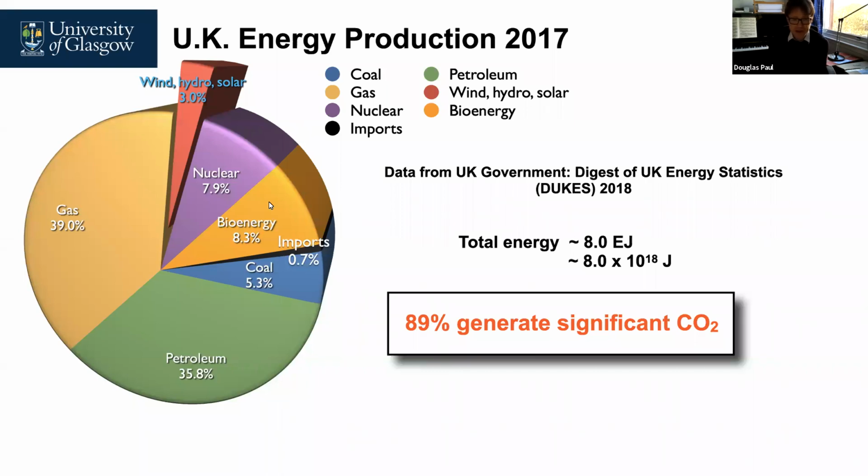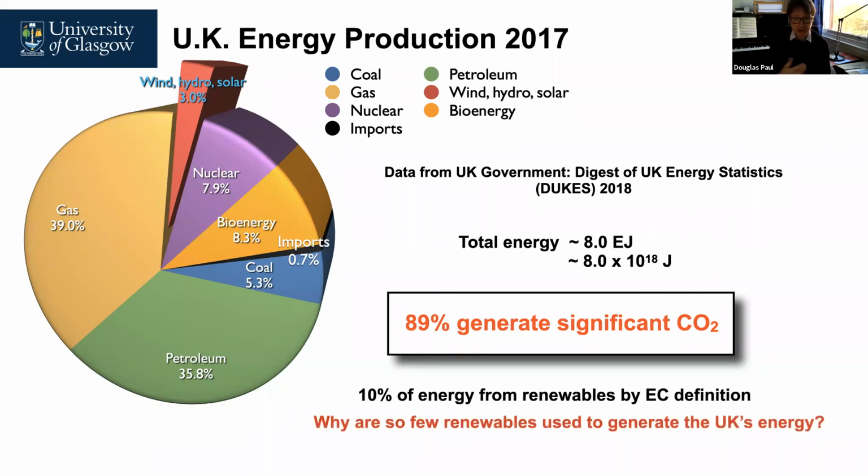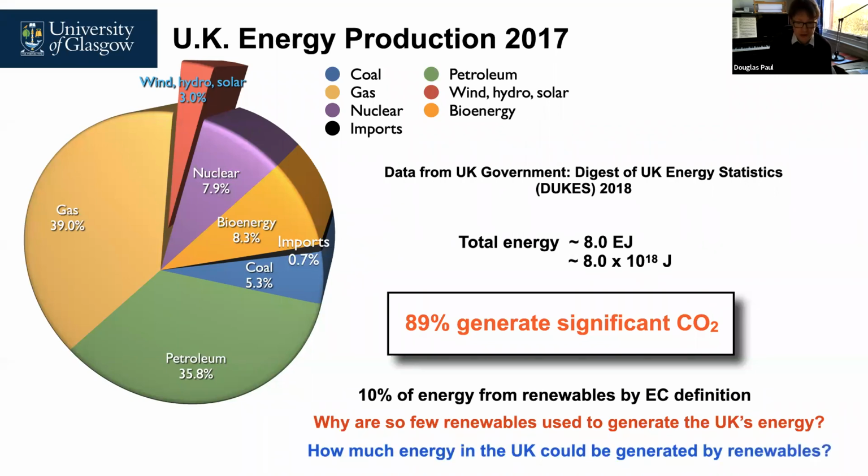So even with sustainable and renewable energy sources, and nuclear, which is not sustainable or renewable, but it is a low CO2 with a long lifetime, we still will be using thermal cycles. As I said the last time, 10% of the energy comes from renewables by the European Commission definition. We went through in the last lecture why so few of those renewables are used to generate the UK's energy.